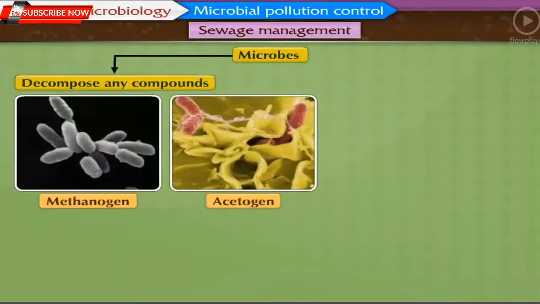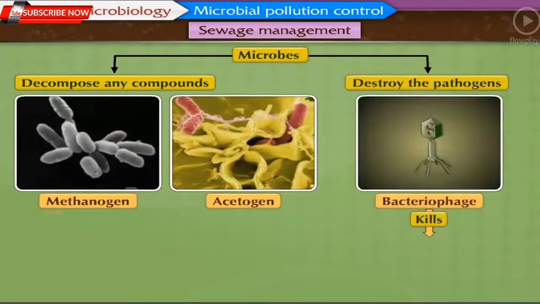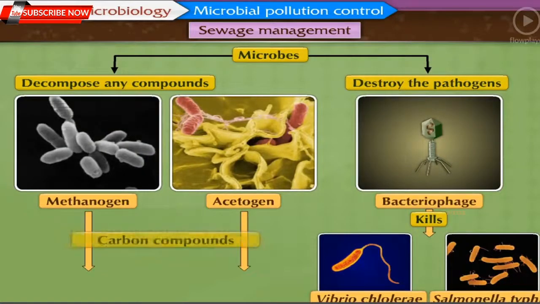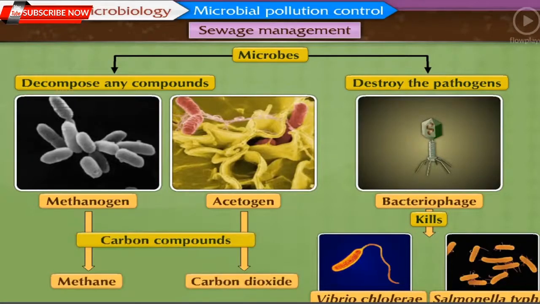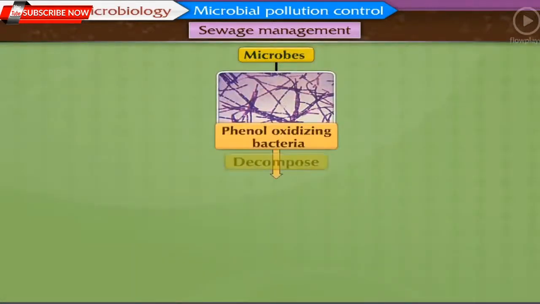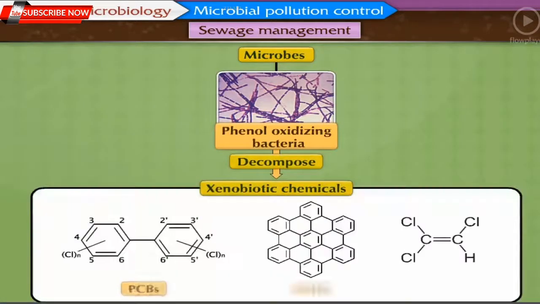Microbes which can decompose any compound, as well as microbes which can destroy the pathogens of cholera, typhoid, etc., are mixed with sewage. The decomposition of carbon compounds releases methane and carbon dioxide present in the sewage. Phenol-oxidizing bacteria decompose the xenobiotic chemicals which are present in sewage.